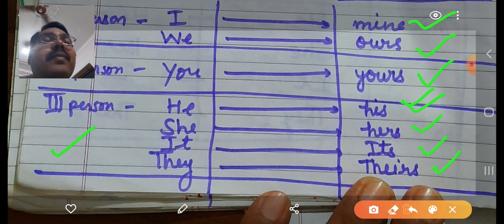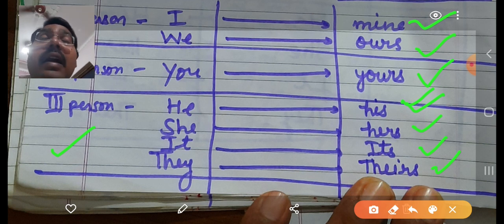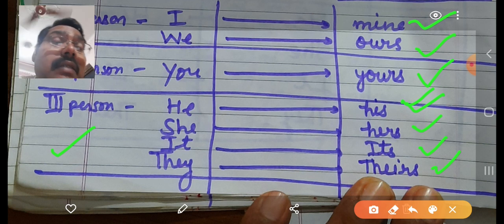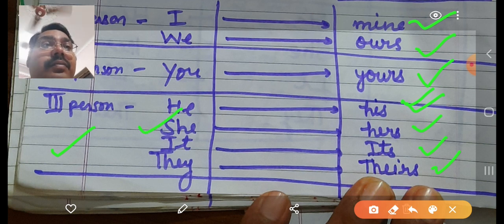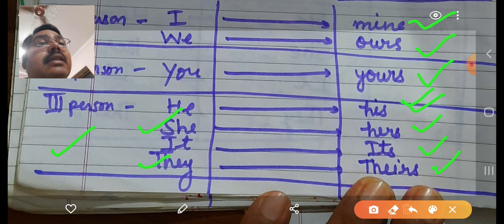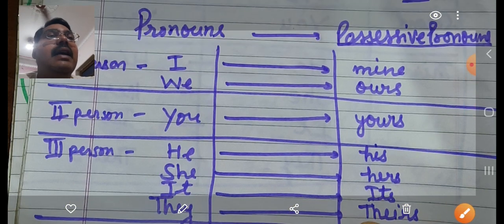If it belongs to us, then this car is ours. If it belongs to you, this car is yours. Suppose I say Reena: for Reena we use she, and for she the possessive pronoun is hers, so this car is hers. If this car belongs to them, this car is theirs. In this way we can use possessive pronouns in different sentences.